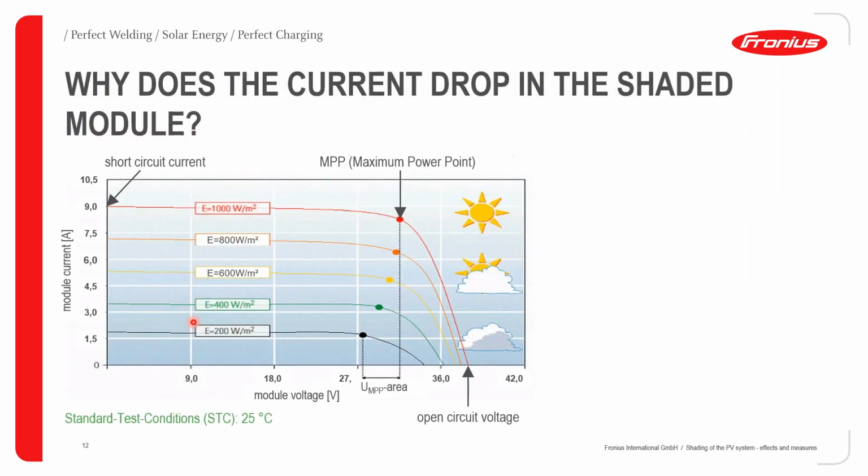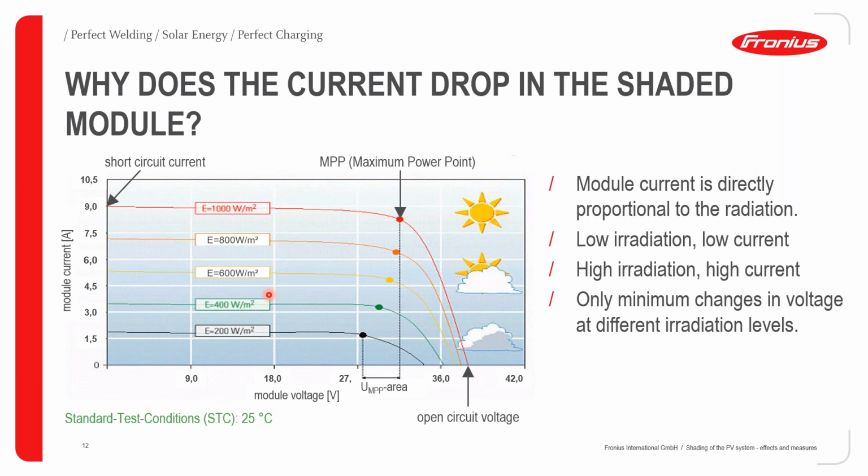To explain this further, we will use a module IV curve, a module current over voltage curve. Using standard test conditions, we can see that the current is proportional to the irradiation level.